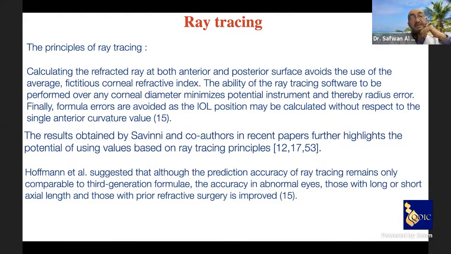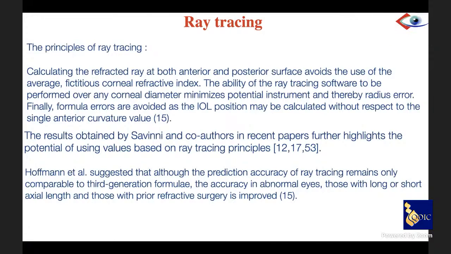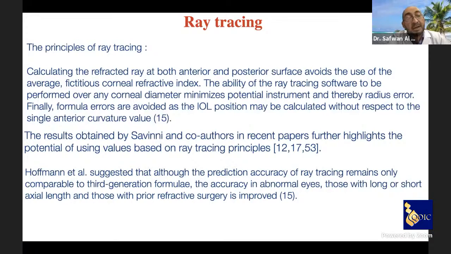And ray trace, it's very promising in calculating the refracted ray at both, as Reina said, the anterior and posterior surface. It avoids the use of the average fictitious corneal refractive index. The ray tracing software can be performed over a corneal diameter, minimizing potential instrument and thereby radius error. Finally, formula errors are avoided as the IOL position may be calculated without respect to a single anterior curvature value.